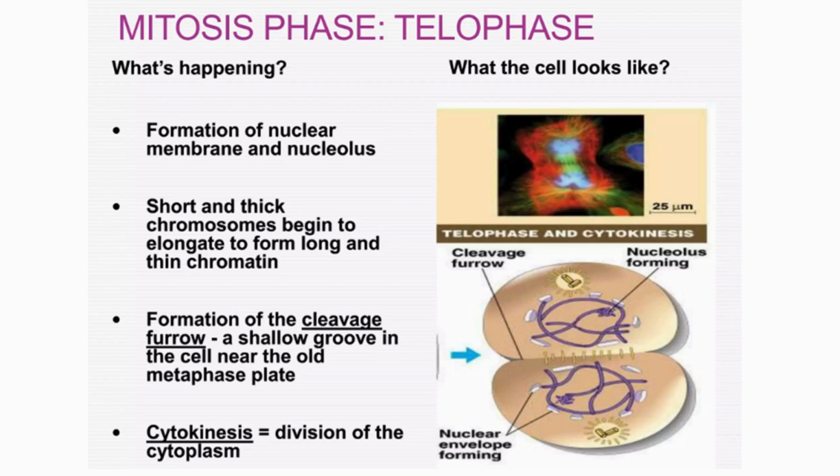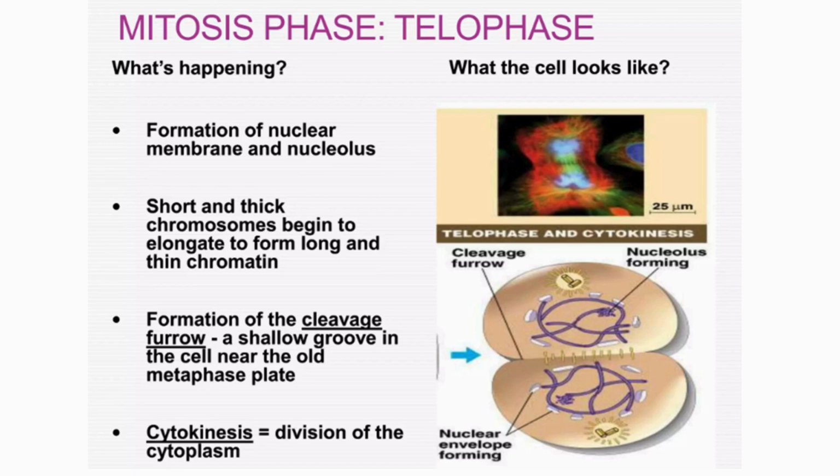The last step in the mitosis is the telophase. Telophase is basically when a new nuclear envelope forms around the two sets of chromosomes at the poles. Here the picture shows the formation of the nuclear membrane, and the nucleolus occurs.